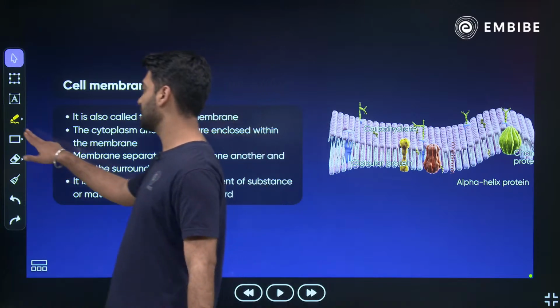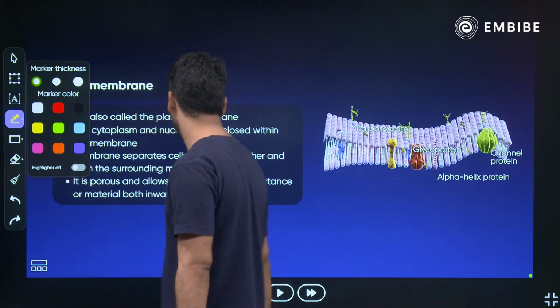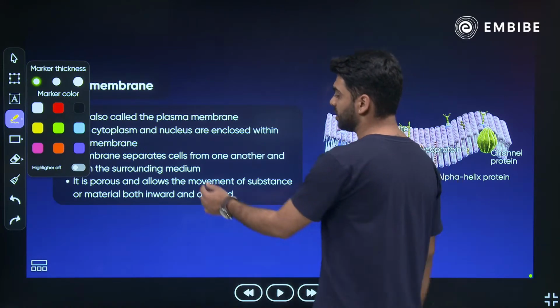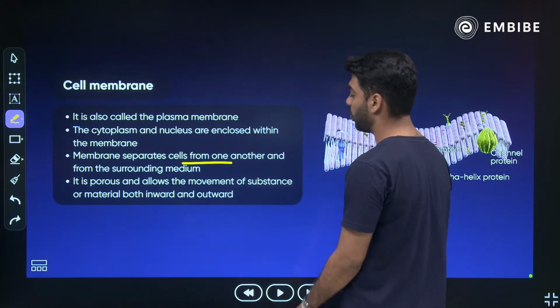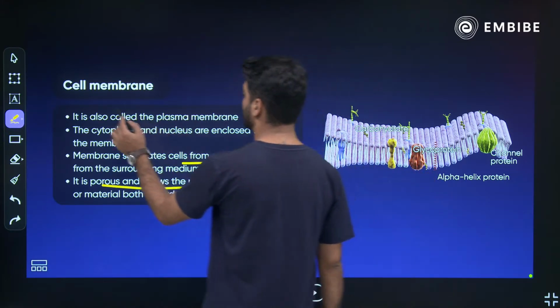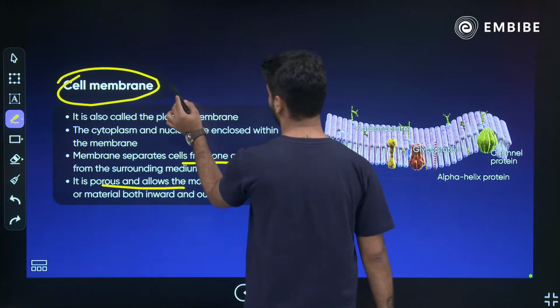We start with the cell membrane. We also call it plasma membrane. It is outside the cell. It separates one cell from the other. It is porous and allows the movement of material both inward and outward. Cell membrane is semi-permeable.